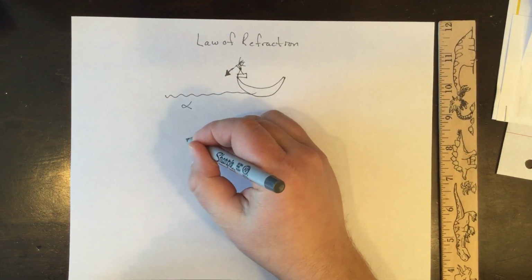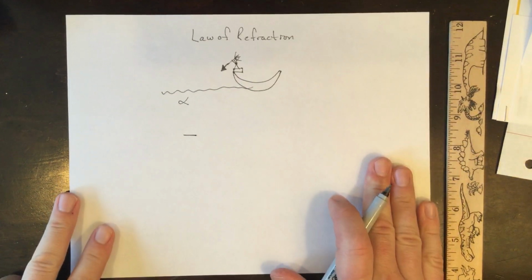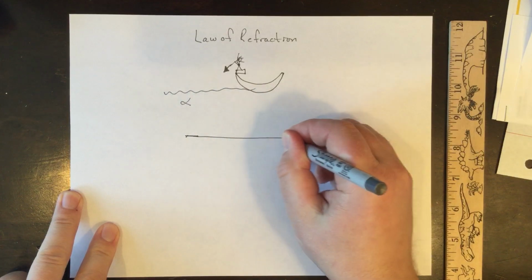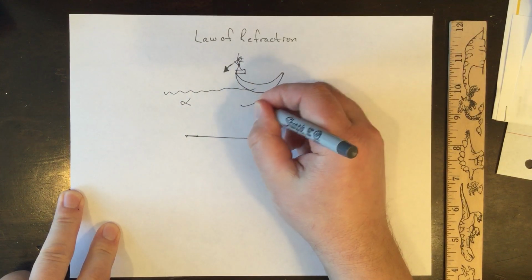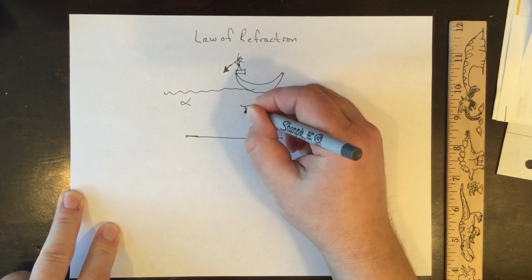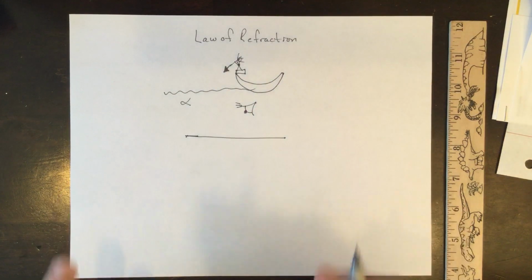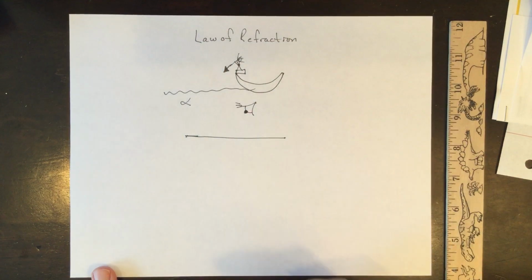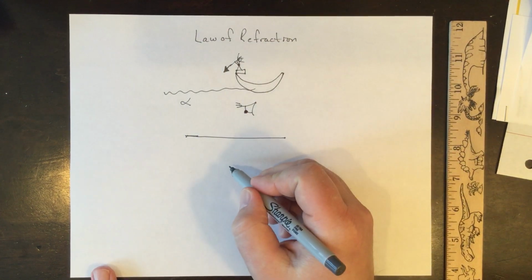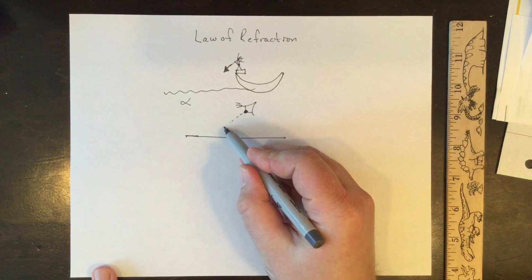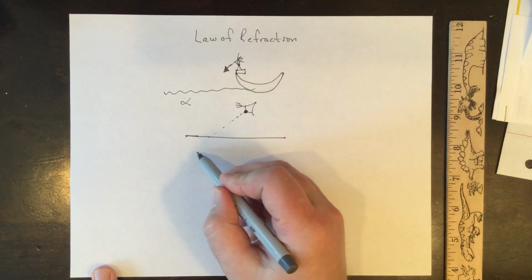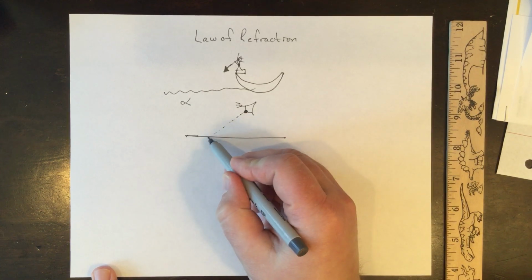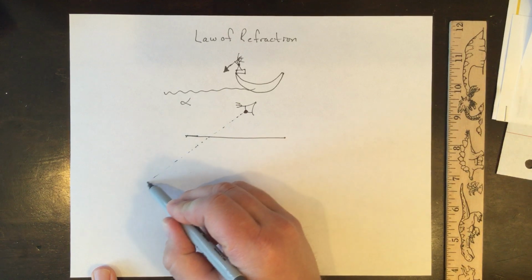So I'm just going to draw it like this. I'm going to draw my surface. I'm going to draw an eyeball up here. Used to make me basically get watery eyes, an eyeball drawn like that in college when I'd see this professor do it. And I'm going to draw my fish. So where's the fish? Here's my line of sight. Here. The fish is actually, I'm going to draw the line all the way through.